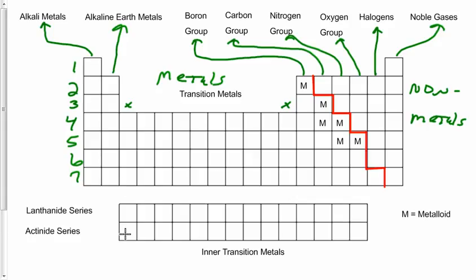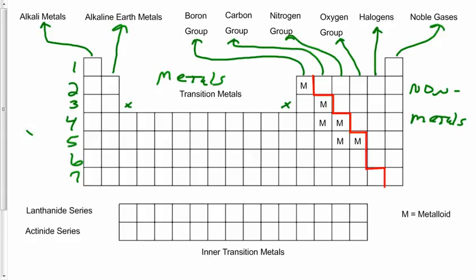The actinide series is all the way here. Again, these special rows of elements are pulled outside so that the table doesn't get too long. It's easier to view. Now, when we cover nuclear chemistry, we'll be talking more about what some of their special traits are in those two series. So there you go. That's our organization of the periodic table.